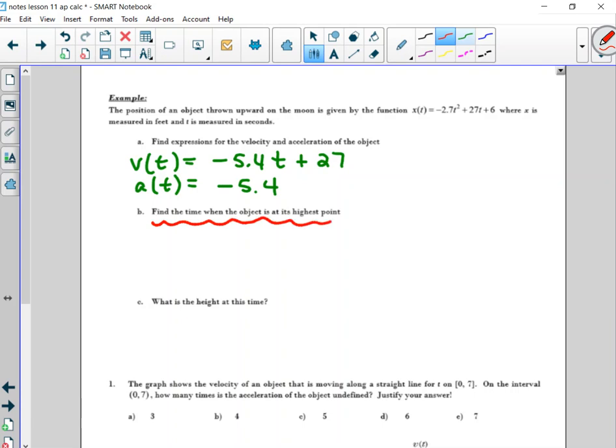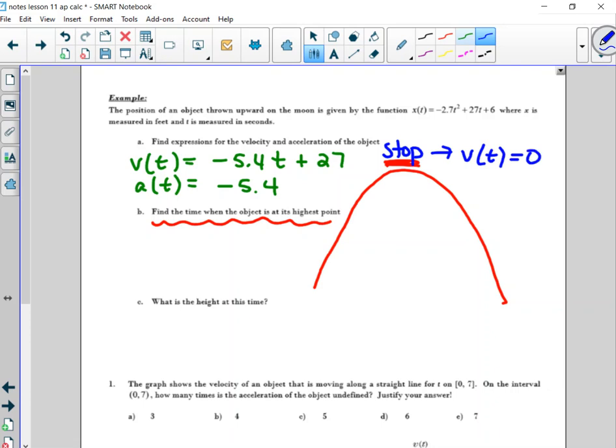The time when the object is at its highest point. Right? Well, when you throw something, it's going up, up, up, up, up, and then it stops instantaneously, and then it starts to fall down. So when we're stopping, that's our velocity equal to 0. So that is how we're going to figure that out.